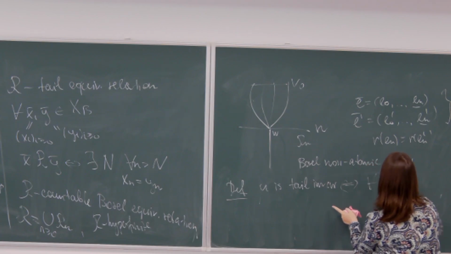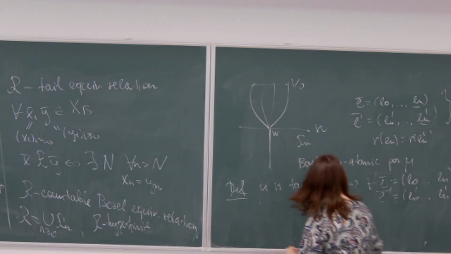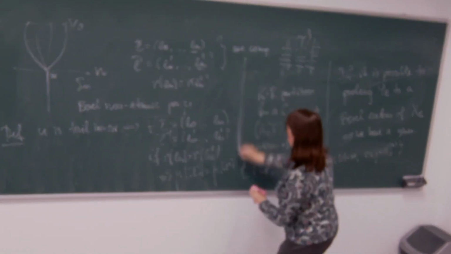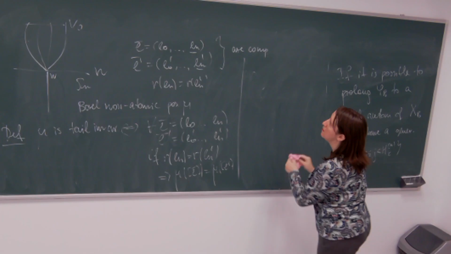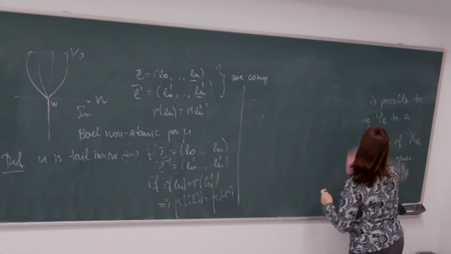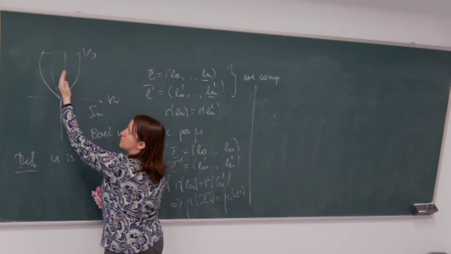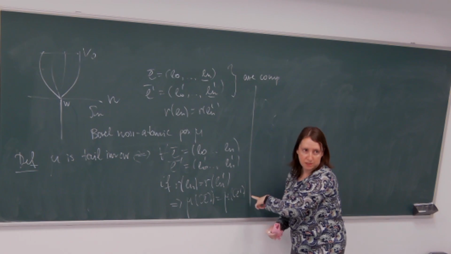So for any two paths e and e prime ending at the same vertex, the cylinder sets have the same measure. Then the measure is invariant with respect to the tail equivalence relation.